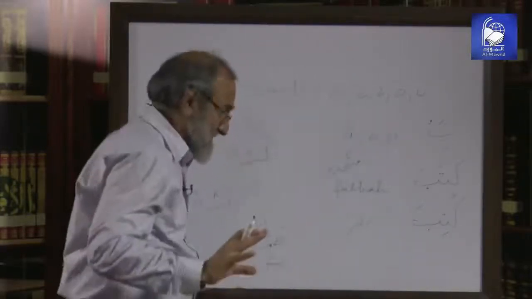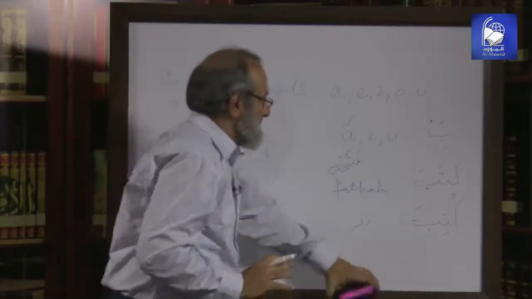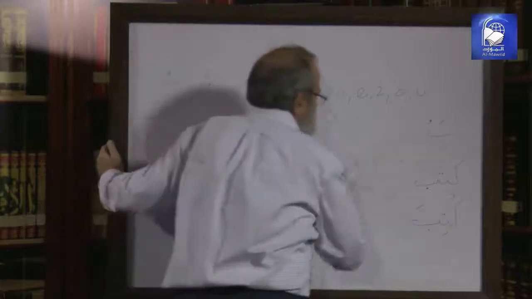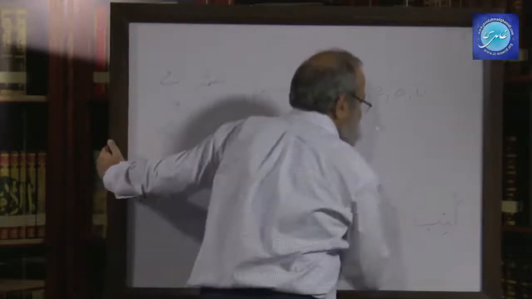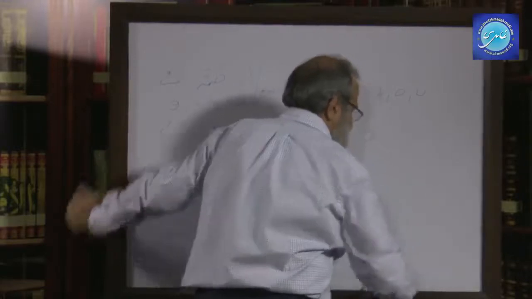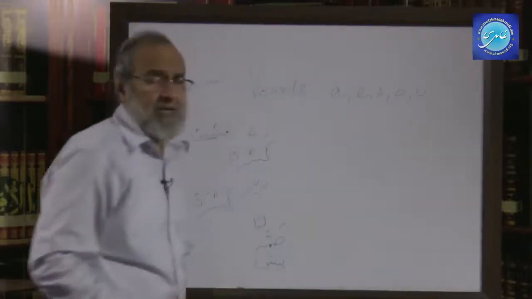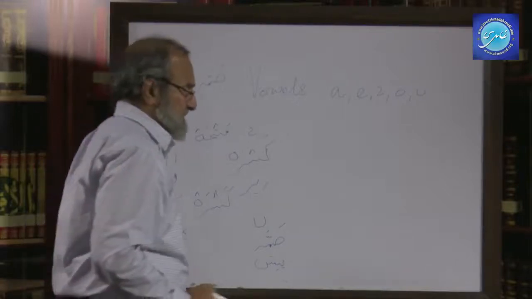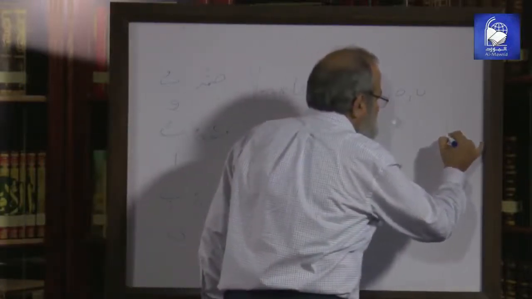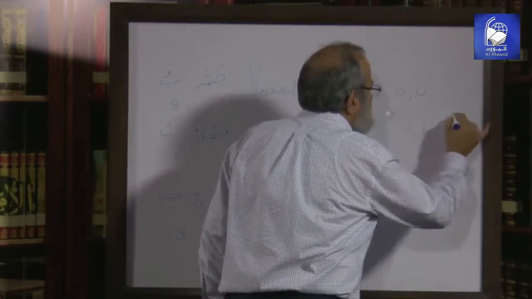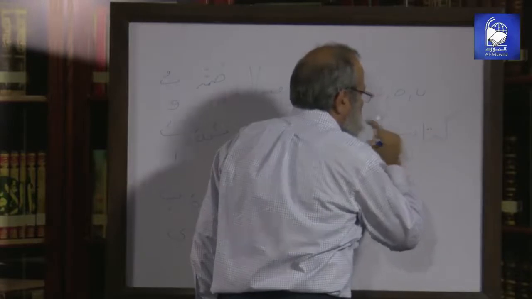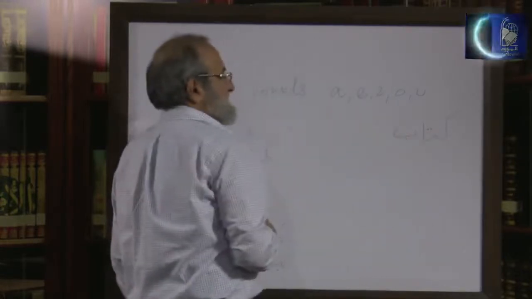Now, let me try to make things simpler. Let me give you the example of three words to make things less complex. There is a famous word, kitab, book. You write without vowels, and it's like this.